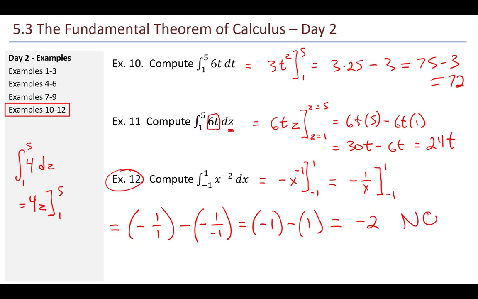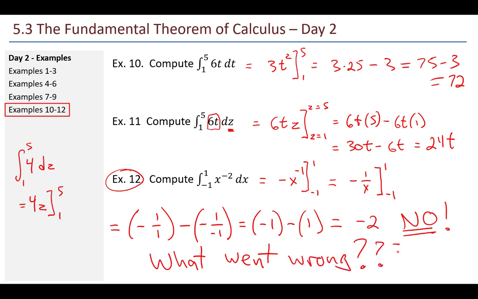And that is not the correct answer. Something went wrong. And I want you to figure out what it is. But I will tell you, definitely, the answer to this problem is not -2.